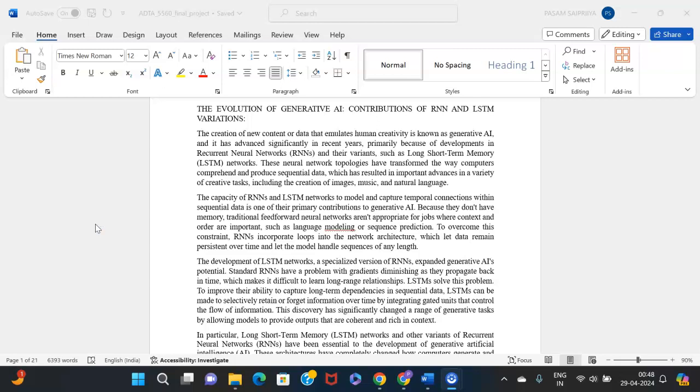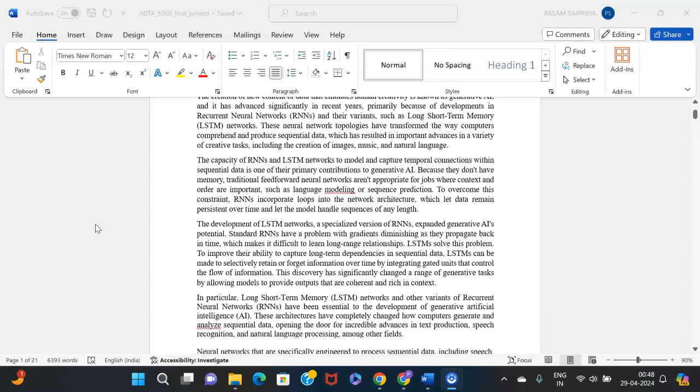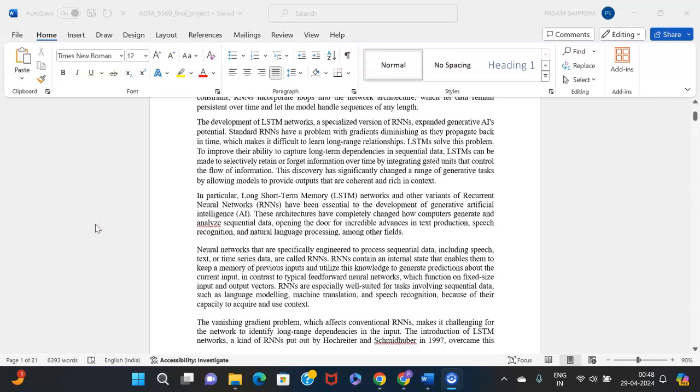LSTM solve this problem to improve their ability to capture long-term dependencies in sequential data. LSTM can be made to selectively retain or forget information over time by integrating gated units that control the flow of information. This discovery has significantly changed a range of generative tasks by allowing models to provide output that is coherent and rich in context.